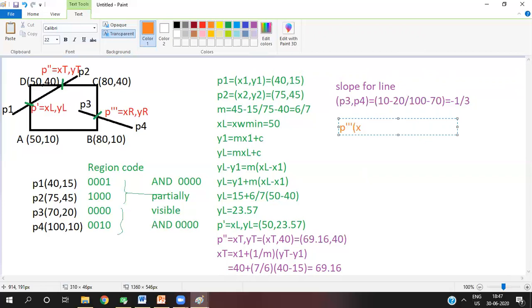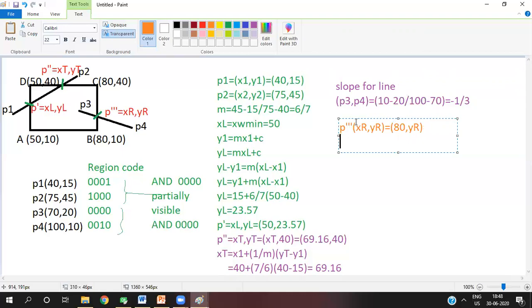XR comma YR. Unknown point is YR. So XR value is 80. 80 comma YR. Let's calculate the value of YR here.